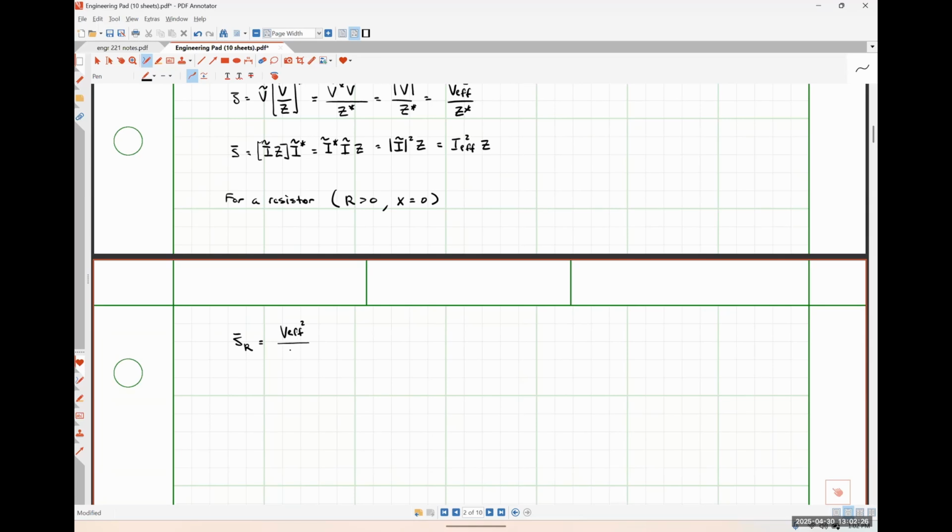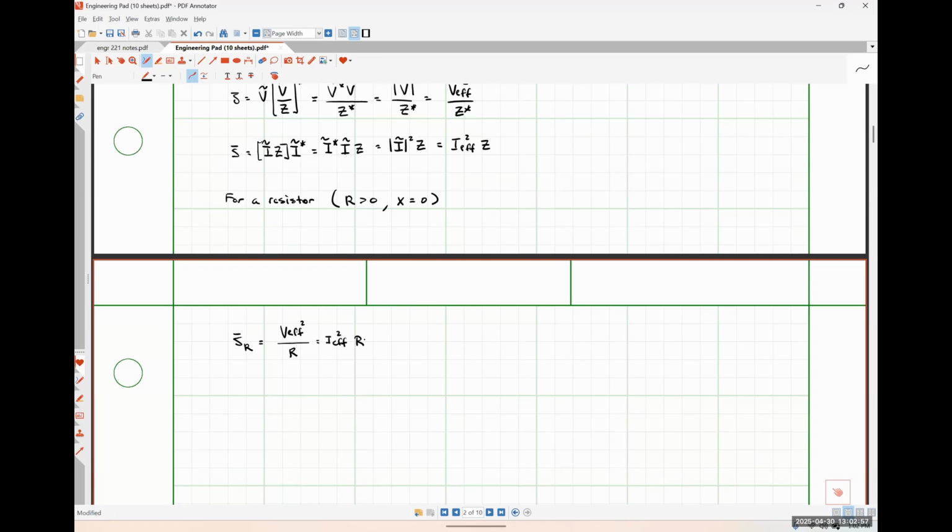So that's going to leave me with V effective squared over R, or I effective squared times R, which are exactly the same as our DC relationships for the power absorbed by a resistor, which should make sense because the effective value of the voltage is the DC equivalent voltage. The effective value of the current is the DC equivalent current. So it makes sense that we just get our DC relationships.